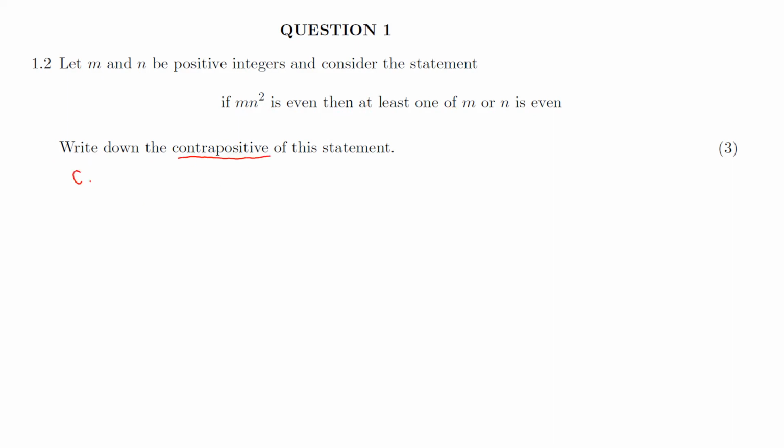Okay, we are looking at the contrapositive. I'm going to use mathematical logic for the contrapositive because contrapositive means we have a statement P implies Q, and it is the same as not Q implies not P. This is called the contrapositive.